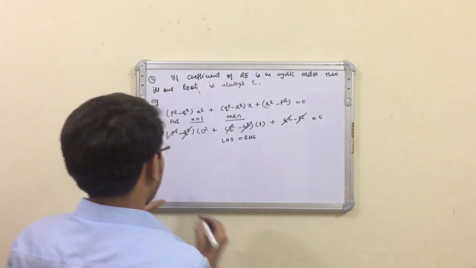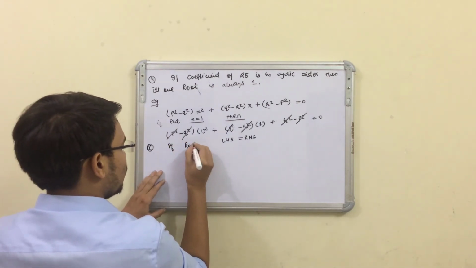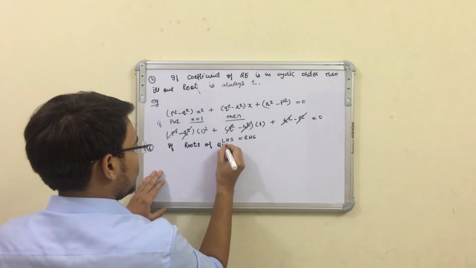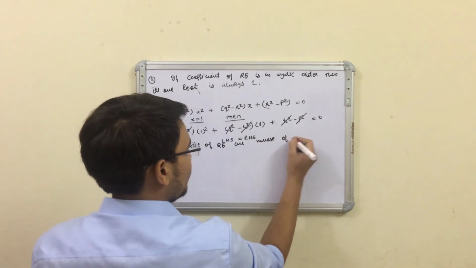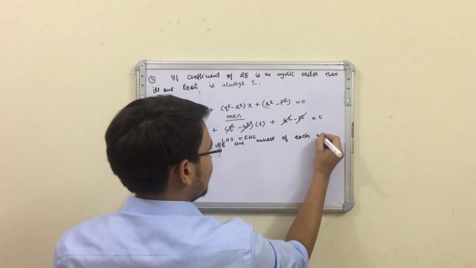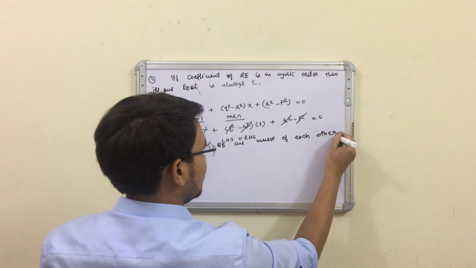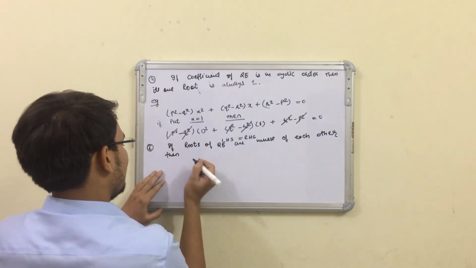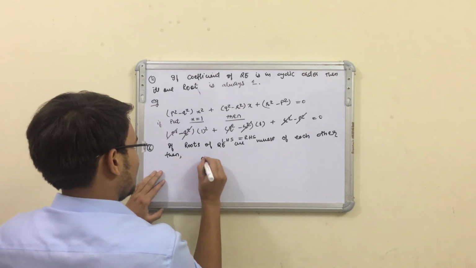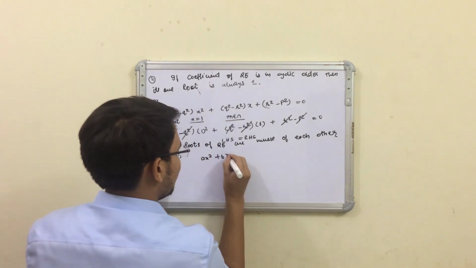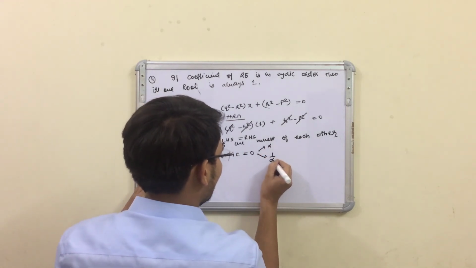It is satisfied. And the sixth point is, if the roots of a quadratic equation are inverse of each other, then ax square plus bx plus c is equal to 0 has one root alpha and the other root 1 by alpha.